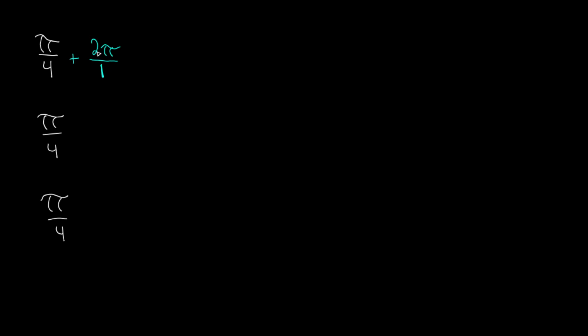So to get a 4 in the denominator of our 2 pi, we're going to have to multiply this side by 4 on the top and 4 on the bottom. And what we end up with is pi over 4 plus 8 pi, 4 multiplied by 2, over 4 multiplied by 1, 4, which comes out to 9 pi over 4.